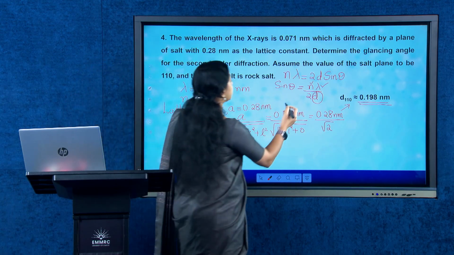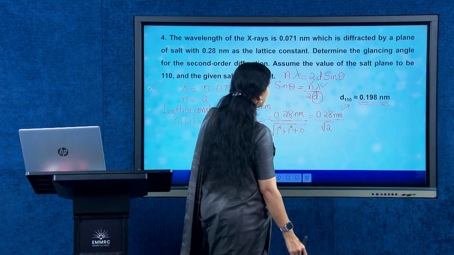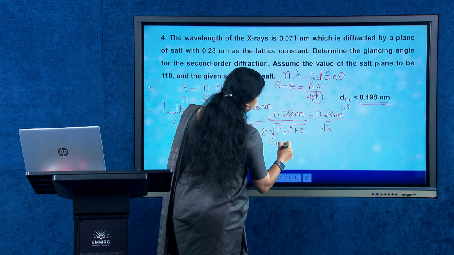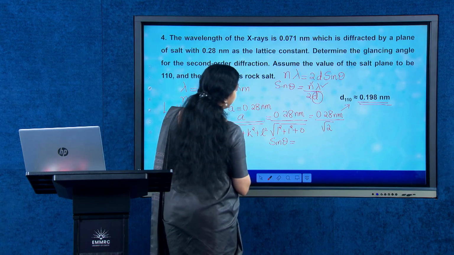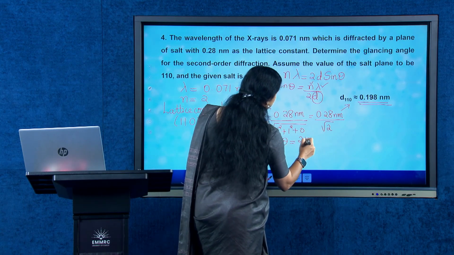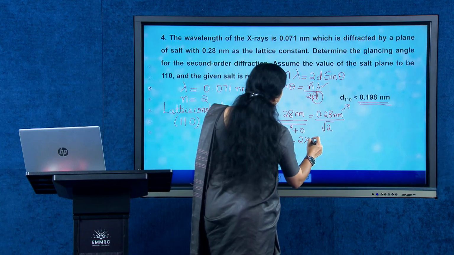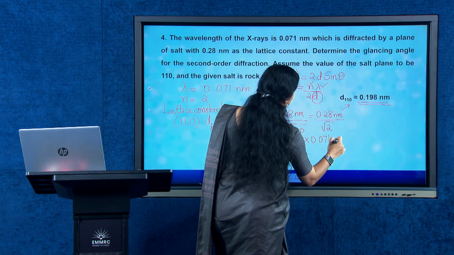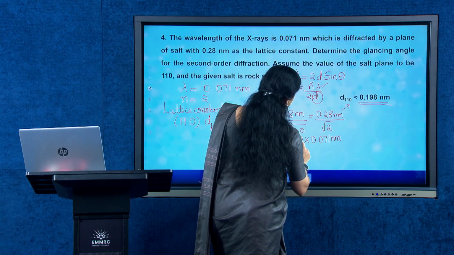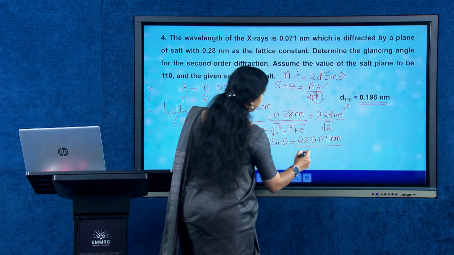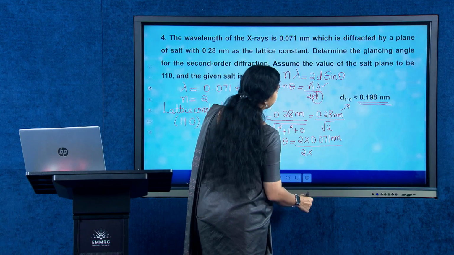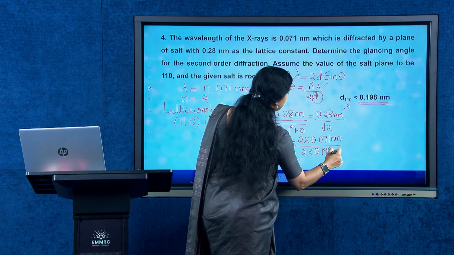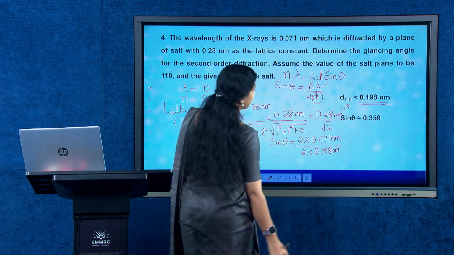So, we have the equation sin theta is equal to n lambda by 2d. So, we can write sin theta is equal to n is equal to 2 into what is the value of lambda? It is 0.071 nanometers divided by 2d. So, 2 into the value of d is 0.198 nanometers.